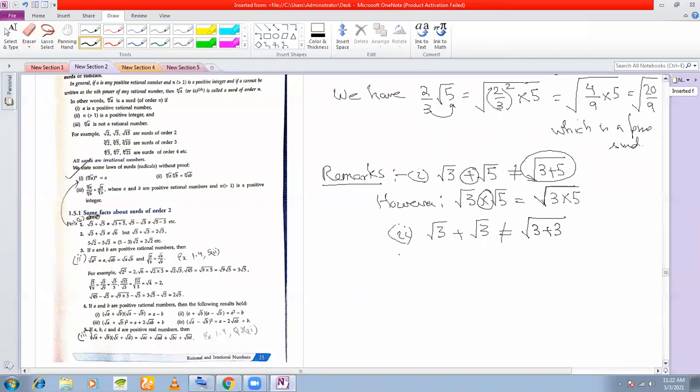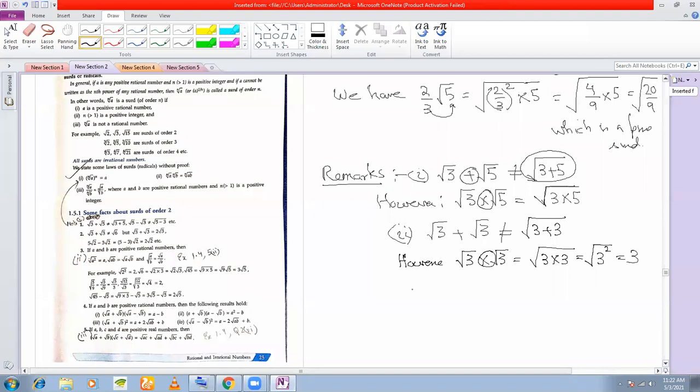However, root 3 into root 3 is equal to root over of 3 into 3, which is equal to root over of 3 square, which is equal to 3. So when there's a multiplication sign in between, you can write it in this way from the above property also. So that is what you must remember.